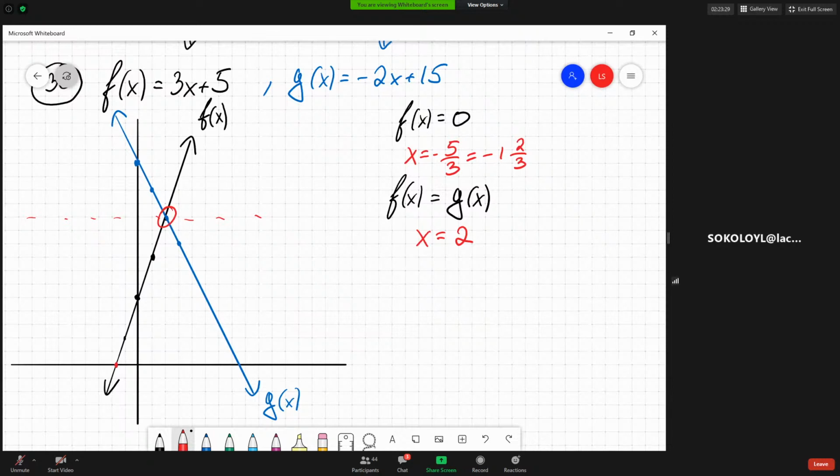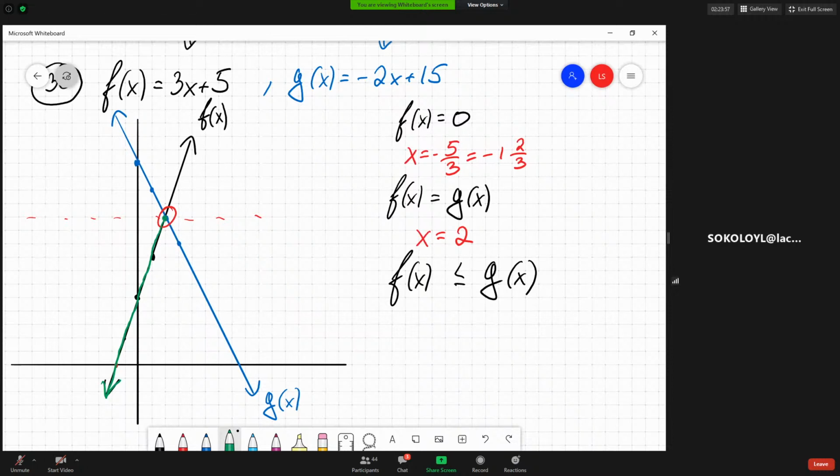Then we also had to solve one of the inequalities: when is f of x less than or equal to g of x? Here we're saying, when are the y values of function f below the y values of function g? That occurs in this region, where f is below g from this point on.